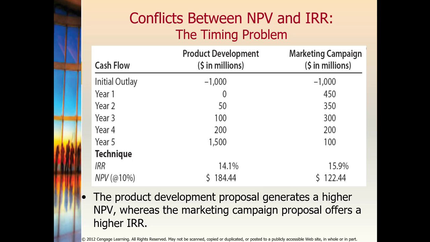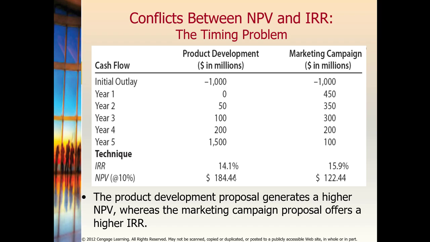Now look at the IRR and the net present value. Based on IRR, the second proposal is preferred. However, based on net present value with a 10% discount rate, the first project is preferred.